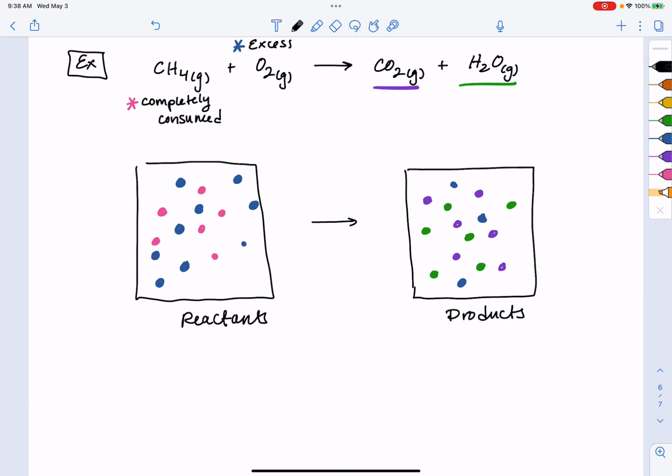So if I want to think about the total pressure of our reactants system, this is going to be the pressure of methane in that container plus the pressure of the oxygen quantity in that container.